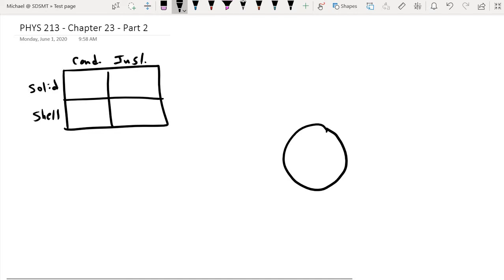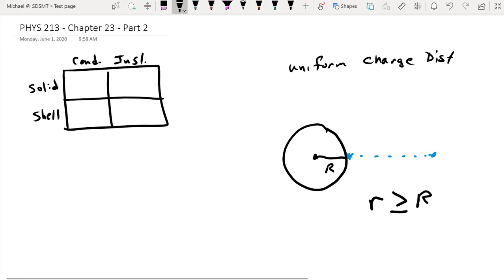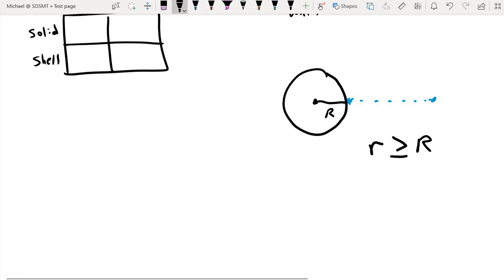And we saw that as long as we had uniform charge distribution about our sphere, and as long as we were outside of that sphere, even if we were right up on the surface, as long as our radial measure was greater than or equal to the radius of the sphere, then that sphere would act like a point charge.